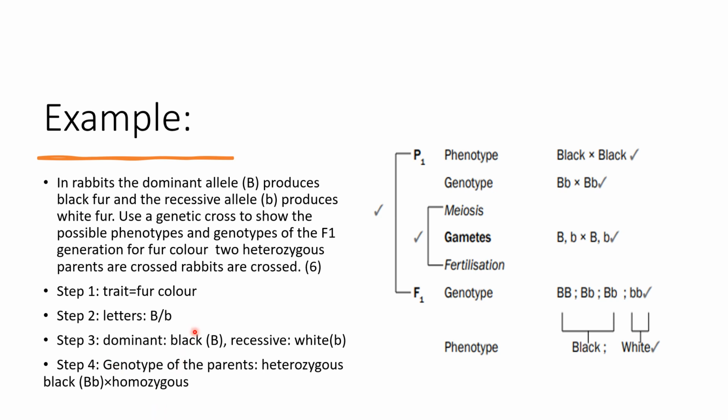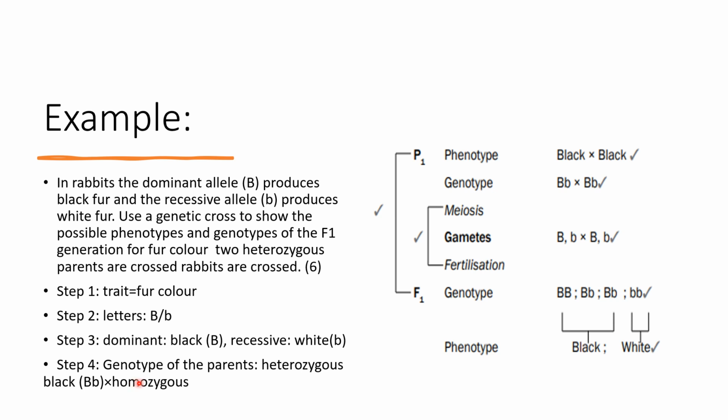As you can see here, they have already told us that black is dominant, so that's why you have the uppercase B for black. For the recessive one, we have white, which we are assigning lowercase b because it is recessive.